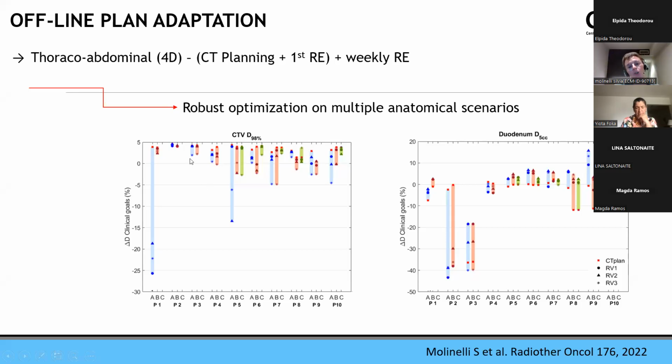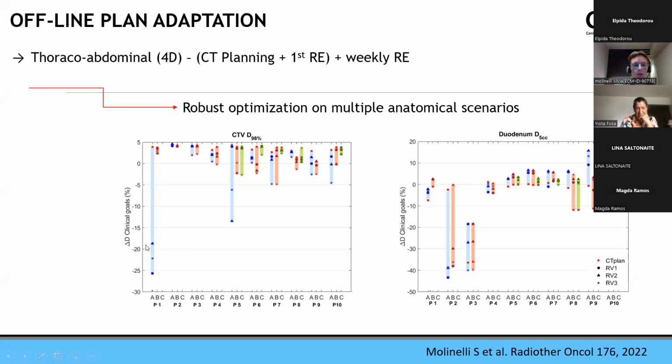But if you look at it on a patient-specific basis, the blue line is doing nothing, so just reevaluating the patient without treatment adaptation. The red line is the approach of using multiple anatomical scenarios in the plan optimization, and the green line is an ideal daily adaptive treatment.